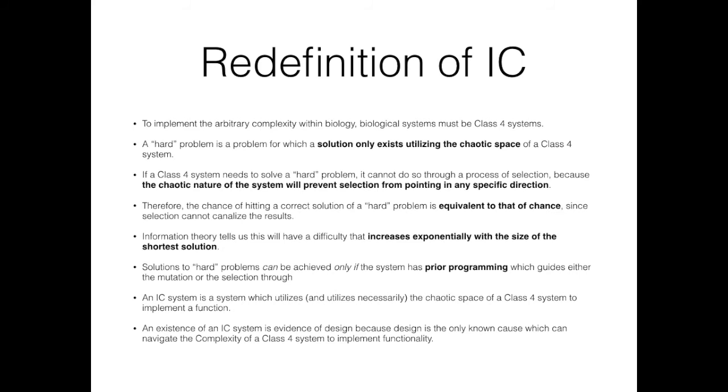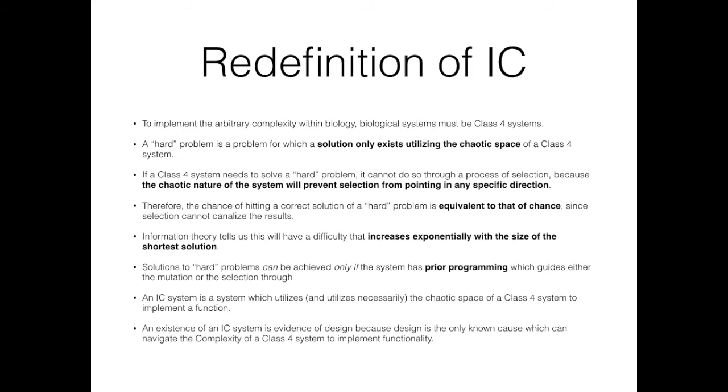If a class 4 system needs to solve a hard problem, it cannot do so through a process of selection, because the chaotic nature of the system will prevent selection from pointing in any specific direction. Therefore, the chance of hitting a correct solution of a hard problem is equivalent to that of chance, since selection cannot direct the results.